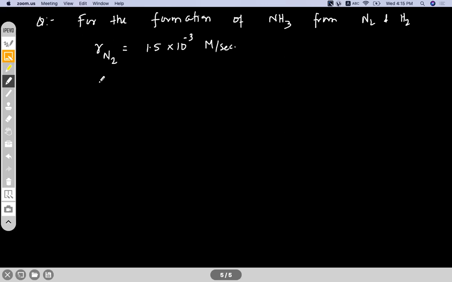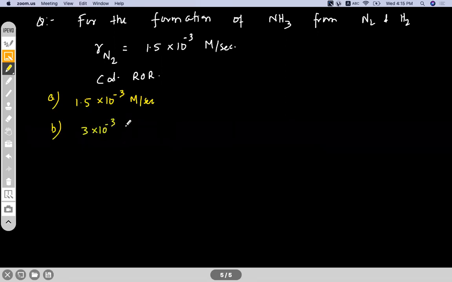You need to find out the rate of reaction. The options are: A, 1.5 into 10 to the power minus 3 molar per second; B, 3 into 10 to the power minus 3 molar per second; C is 0.75 into 10 to the power minus 3 molar per second; and D is, can't determine.